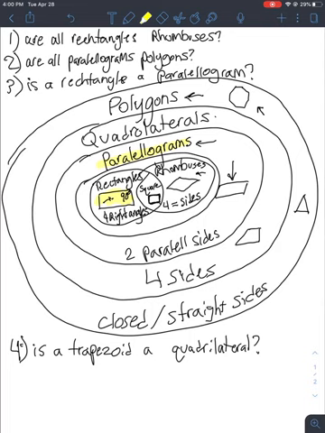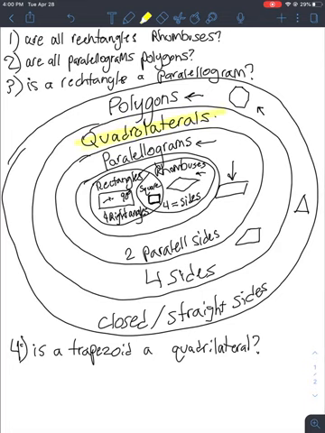Question number 4. Is a trapezoid a quadrilateral? So let's find the trapezoid. And the quadrilateral.